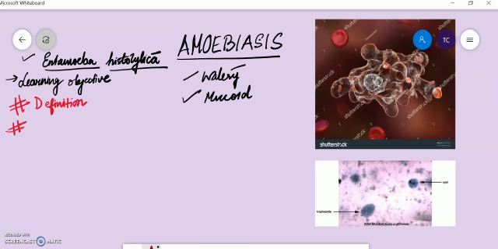Next, very important, you need to know the epidemiology. The third point, we need to know the epidemiological determinants.